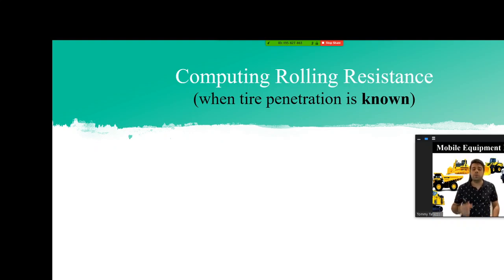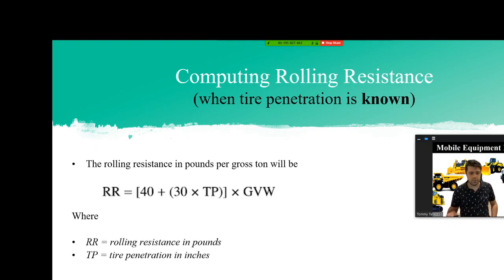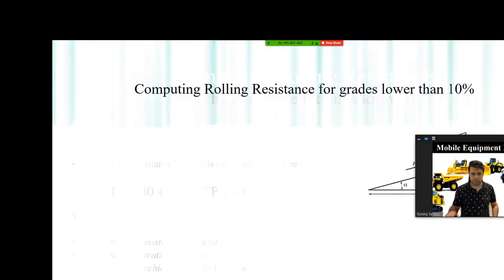So if the penetration of the tire is known, we can find the rolling resistance using this equation, where RR is the rolling resistance and TP is the tire penetration. As you see, it is directly related to the tire penetration. The more it is, the more the rolling resistance will be.